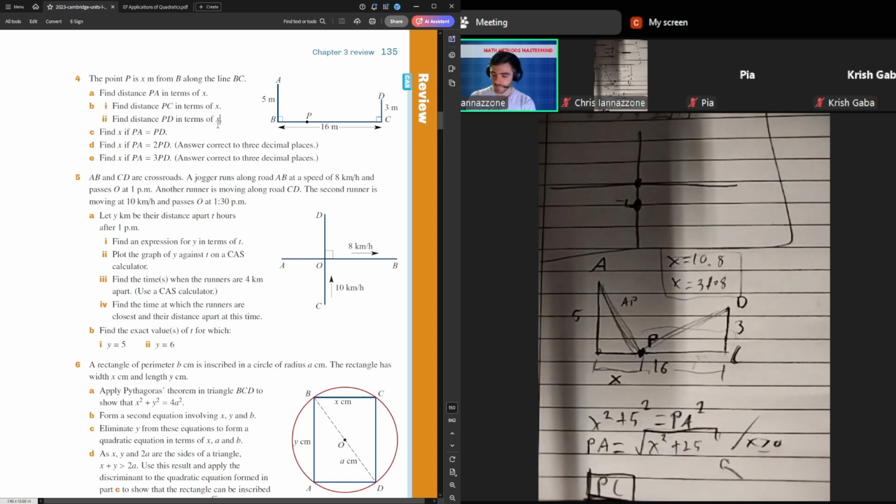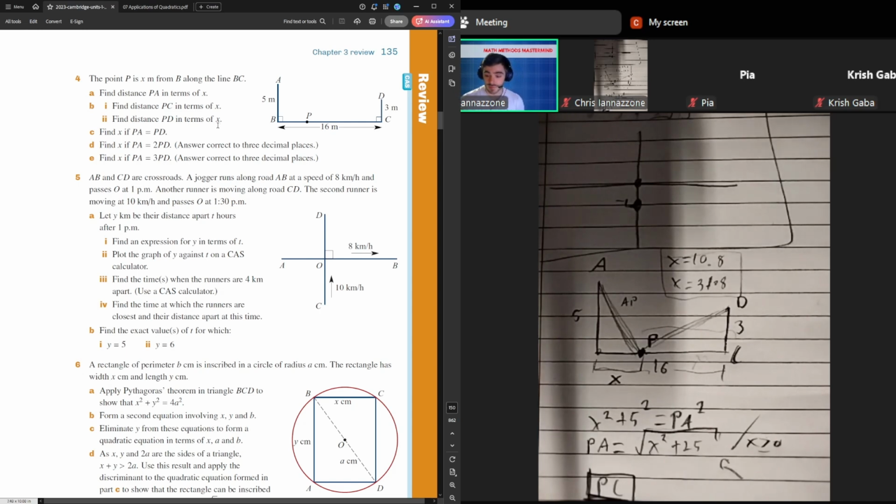10.8 is more reasonable, yeah. 10.8 is correct, but what's wrong with 31.8 specifically? What makes it unreasonable? Too large? These are all correct. Curious to hear what makes it too large. Domain on X?